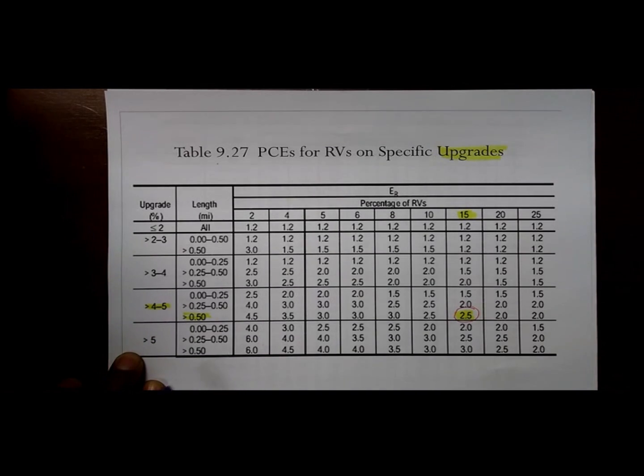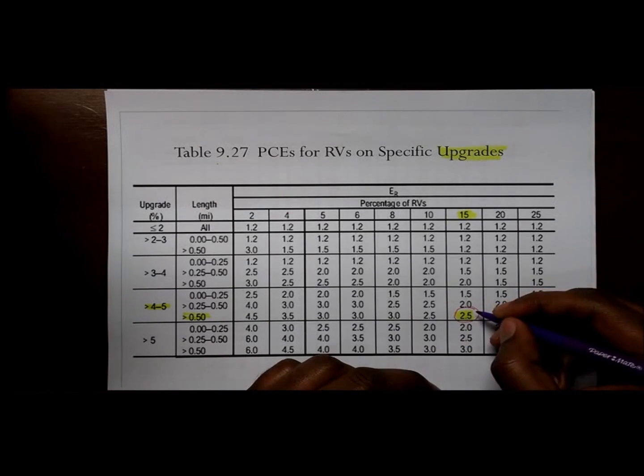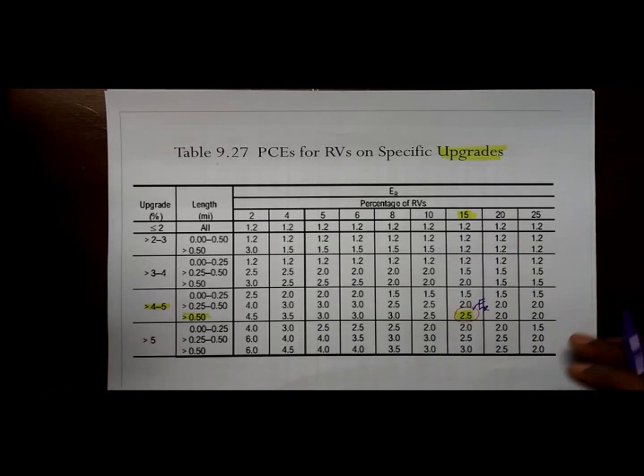And then it said it did it for about 4,224 feet. I know that is more than half a mile, so I know I'm not only in this row, but I know that I'm in this column, and specifically in that row within the row. So I know that my E sub R is going to be 2.5. That's what I'll be using.